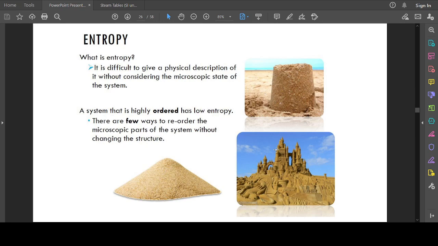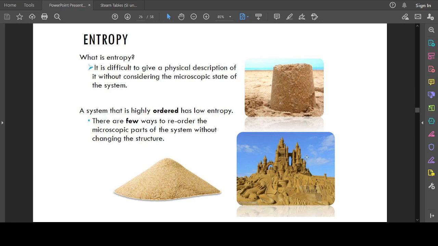It is difficult to give a physical description of what entropy is without considering the microscopic state of the system. Now, for a highly ordered system, which we can see in these two images here, a sandcastle and a simplified sandcastle, because it's highly ordered, it has a very low entropy, which means there are only a few ways for us to reorder the microscopic parts of this sandcastle without changing the entire structure.